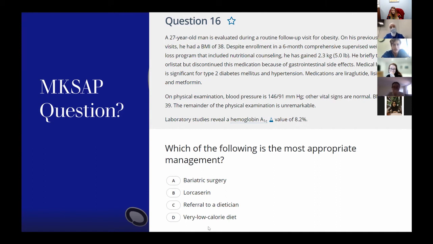He briefly tried Orlistat, but discontinued this medication because of GI side effects. His history is significant for type 2 diabetes and hypertension. He's on liraglutide, lisinopril, and metformin. Exam-wise, blood pressure 146/91. Other vital signs are normal. BMI of 39 now. Remainder of the exam is unremarkable, and an A1C of 8.2%.